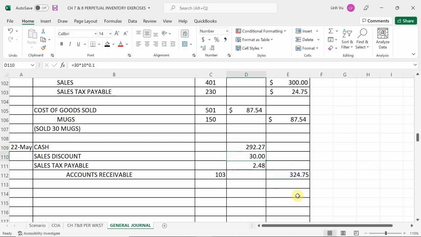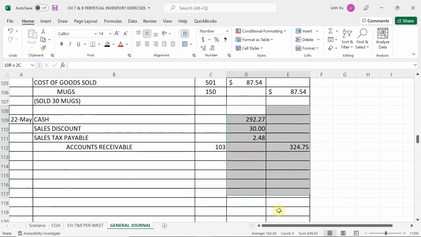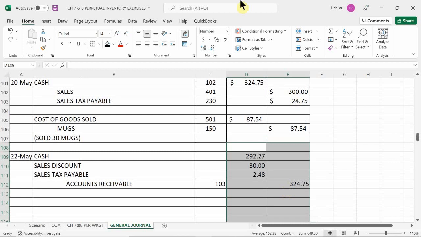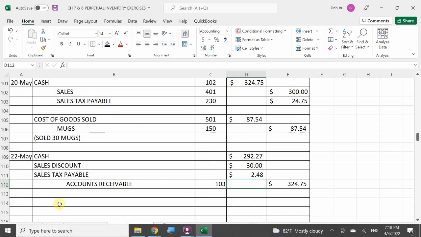So in this case, we should be receiving a total of $292.27 worth of cash. Okay? Because that's basically what he owes me, minus the discount, minus the tax money that we have to also give back from that. So in this case, they're going to be giving me $292.27.